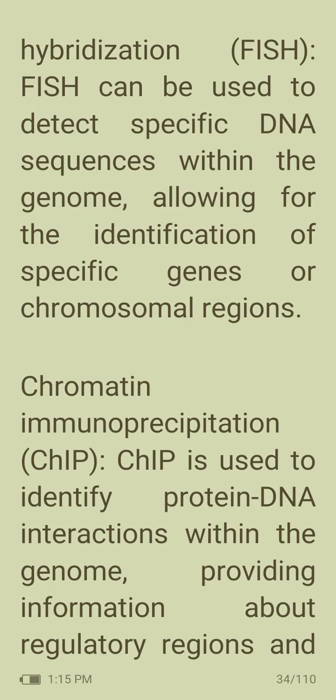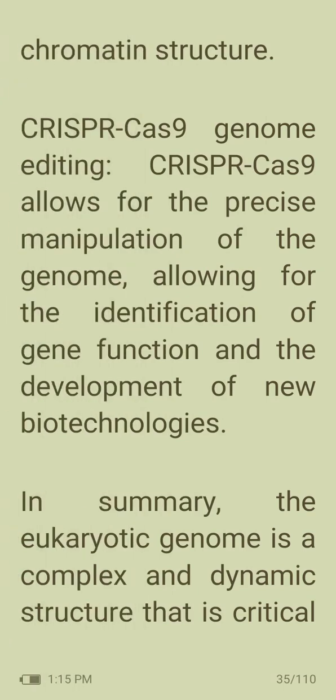FISH can be used to detect specific DNA sequences within the genome, allowing for the identification of specific genes or chromosomal regions. Then chromatin immunoprecipitation, or ChIP technique. ChIP is used to identify protein-DNA interactions within the genome, providing information about regulatory regions and chromatin structure.